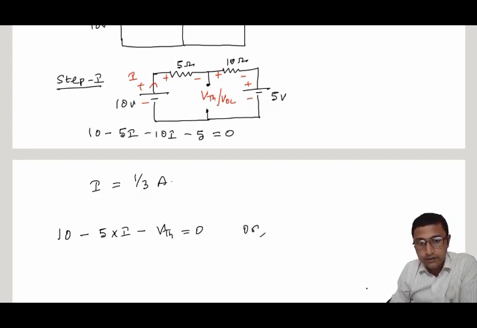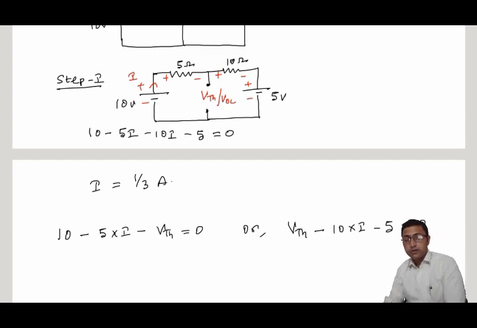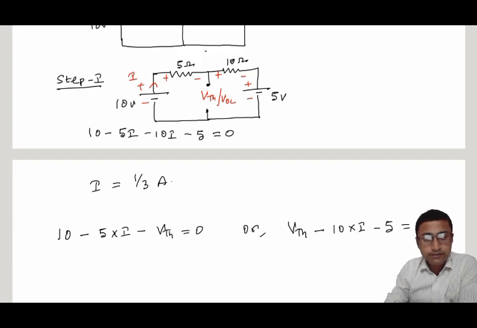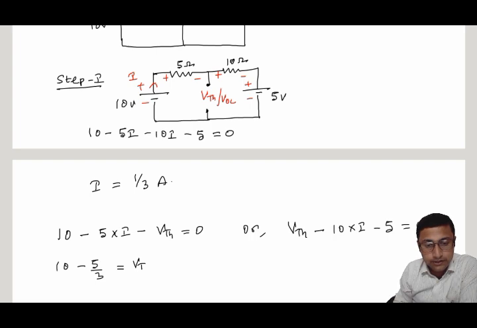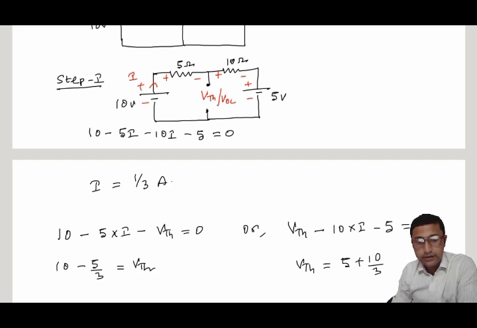Or from the VTH side, we can write VTH minus 10 into I minus 5 equals 0. Both equations are correct. If we put the value of I, 10 minus 5 by 3 is equal to VTH, or on this side VTH equals 5 plus 10 by 3.